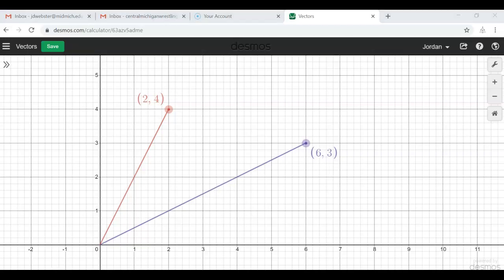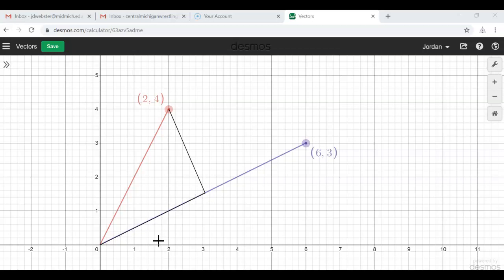So what would happen there is I would take 2, 4, and create, let me undo that, 2, 4 as a sum of two vectors.